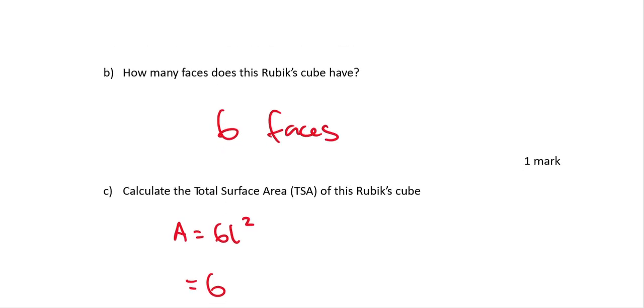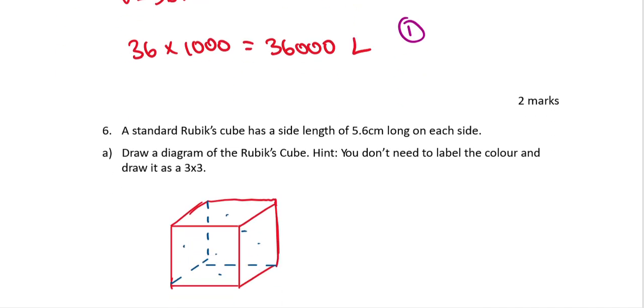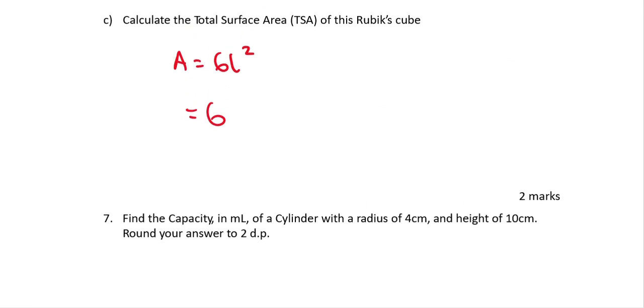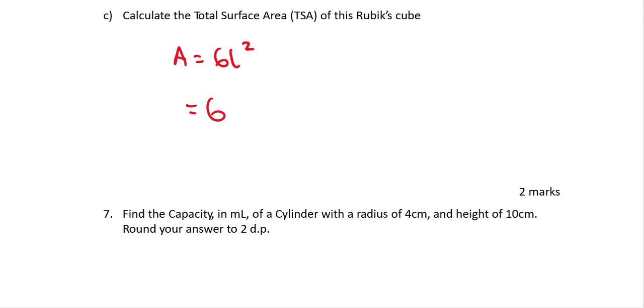And since we're already given what L is, because it tells us that L is 5.6 centimeters, the side length of it, we know this is going to be 6 times 5.6 squared.